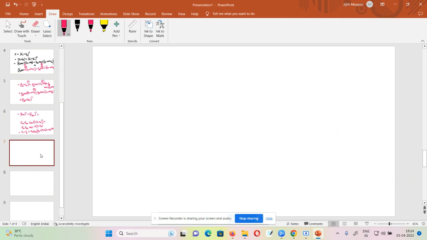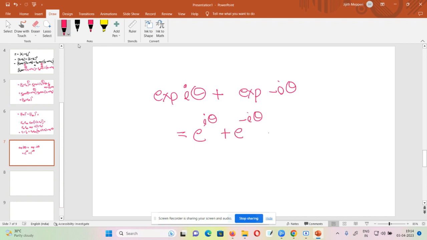Now I have one question. What will be the value of exponential i theta plus exponential −i theta? That is, e raised to i theta plus e raised to minus i theta. What is the value?